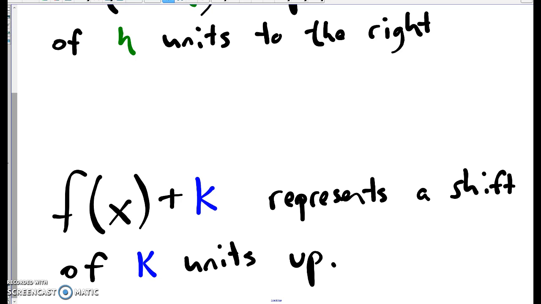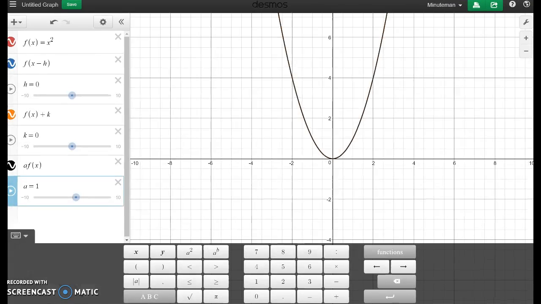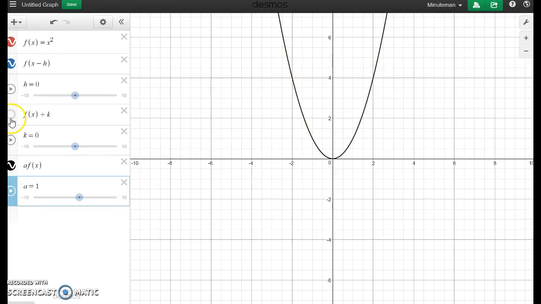And a shift of k units up will look just like this, f of x plus k. So it's just sort of a preview of what those two things will look like.